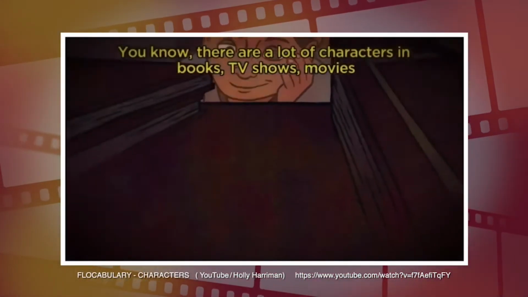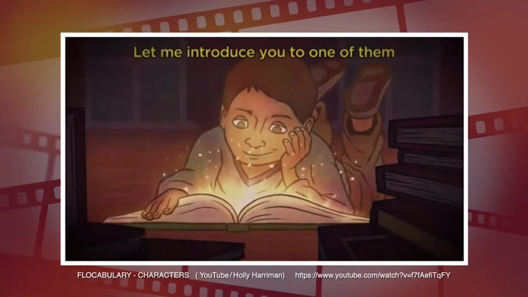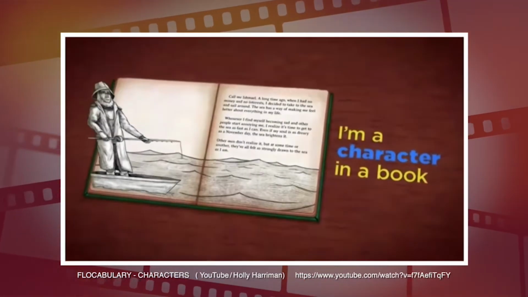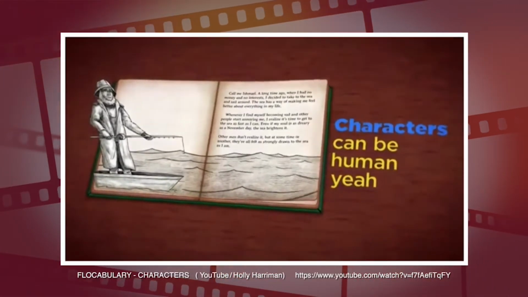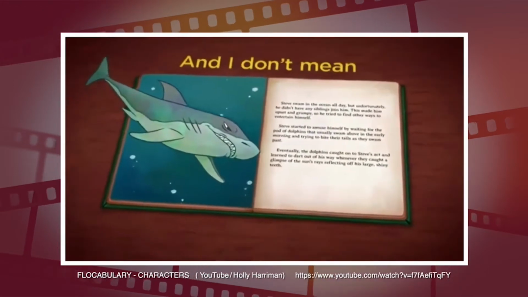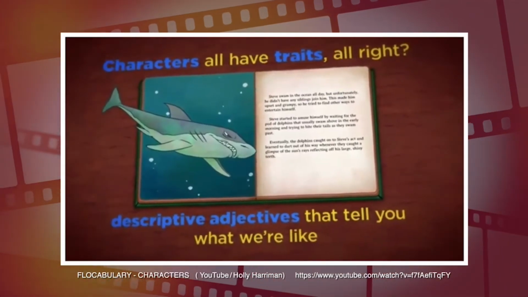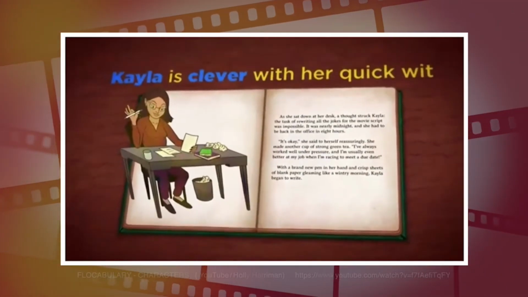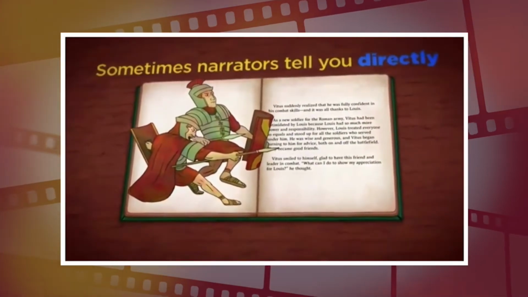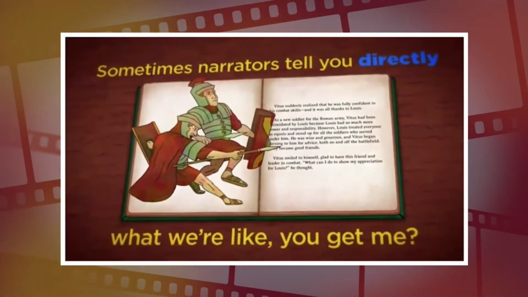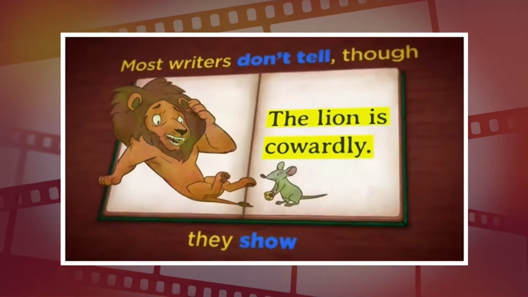You know, there's a lot of characters in books, TV shows, movies. Let me introduce you to one of them. I'm a character in a book. I drop the action, take a good look. Characters can be human, yeah, or we could be sharks. And I don't mean West Side Story. Characters all have traits, alright? Descriptive adjectives that tell you what we're like. Kayla is clever with her quick wit. Lewis is a loyal lad I like to roll with. Sometimes narrators tell you directly what we're like. You get me? Like the lion is cowardly. Hello? Most writers don't tell though, they show.